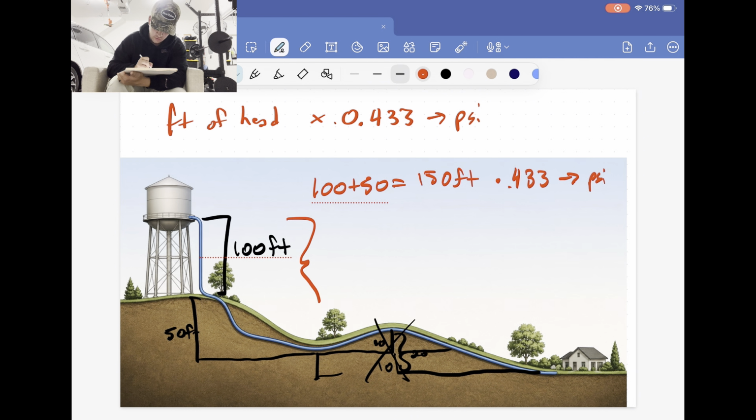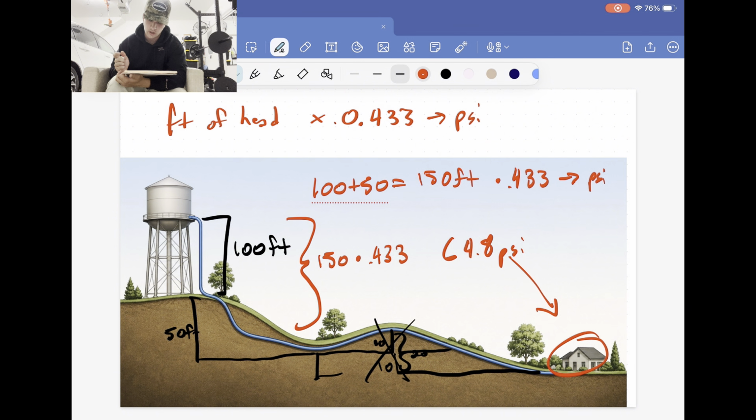So 150 feet times 0.433, that's going to be 43.3 plus 21.5-ish, and we're going to be around 64.8 down here at the house, we'll say, for this example, okay?